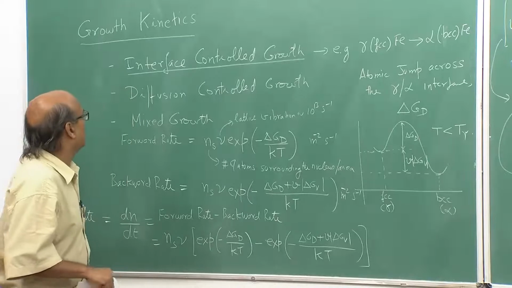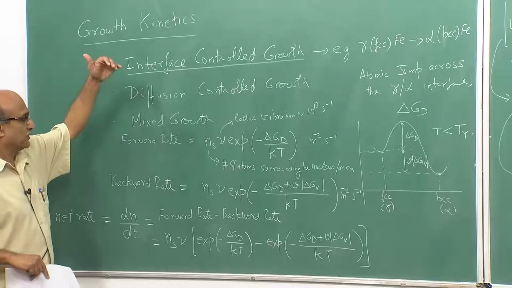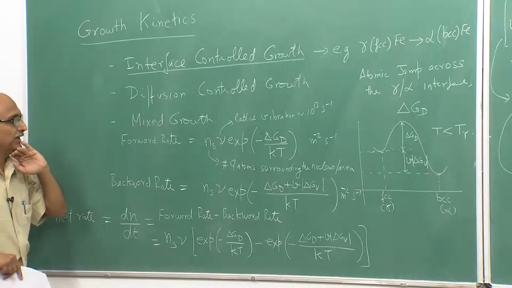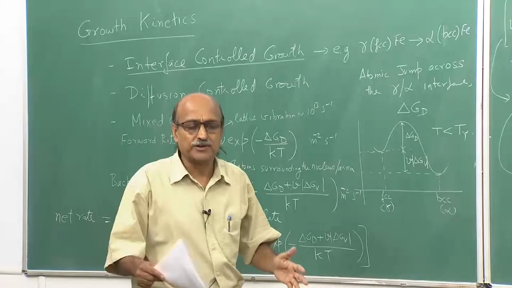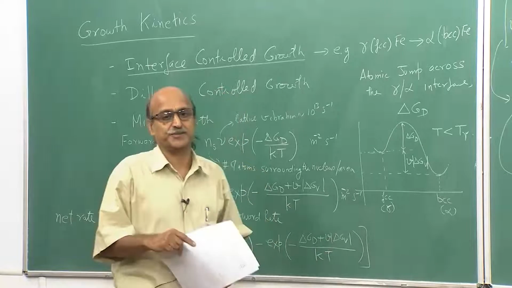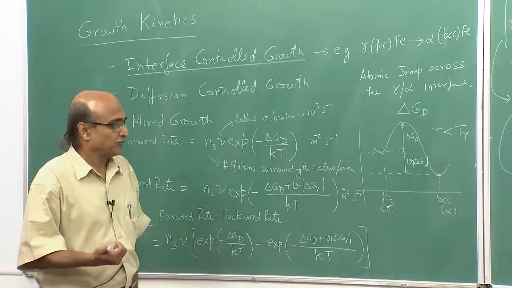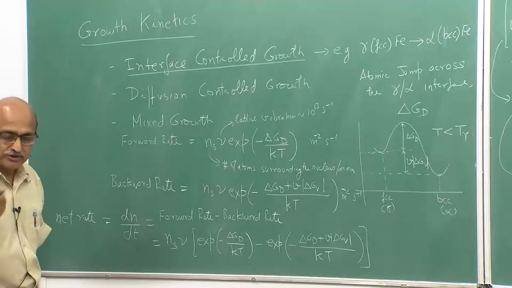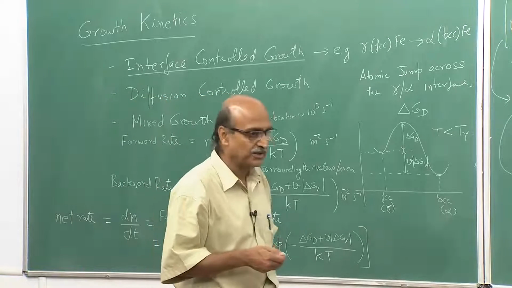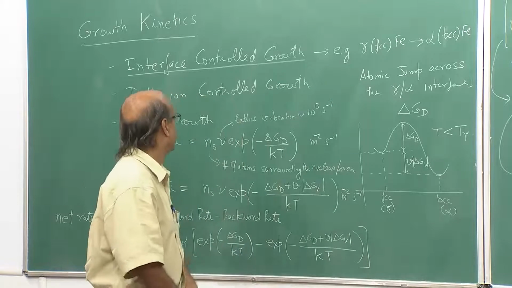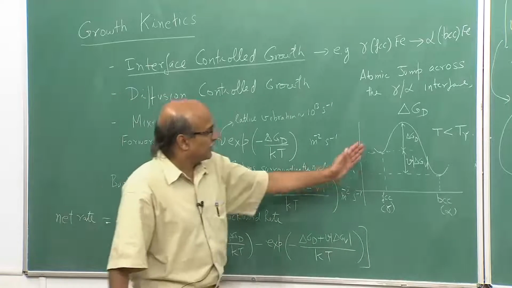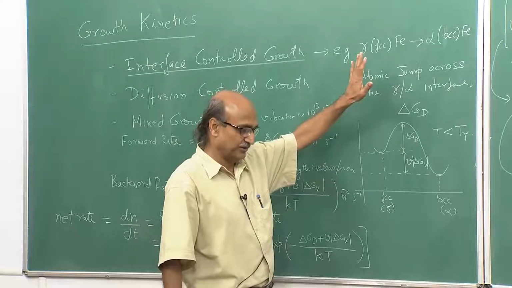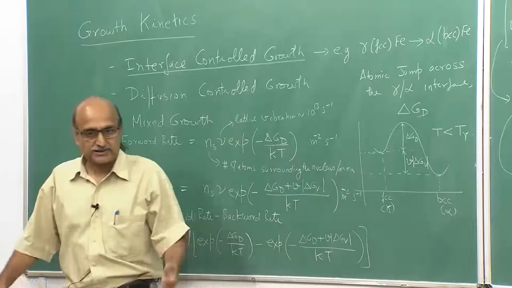So, this is one kind of a controlling mechanism for growth of a stable nucleus. Now, this is likely to happen in a single component system, where there is no diffusion involved, or in those systems where diffusion is very fast, but for some reason the atomic jump across the interface is difficult, which means delta GD is very large, and it can happen.